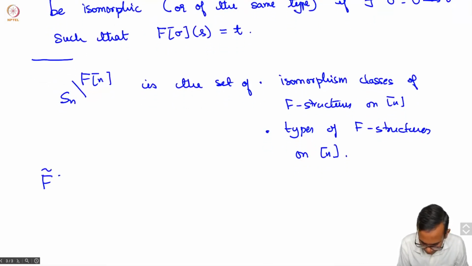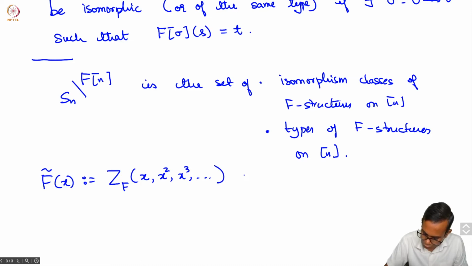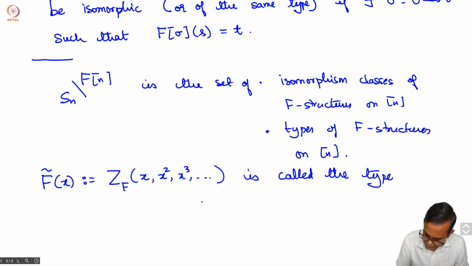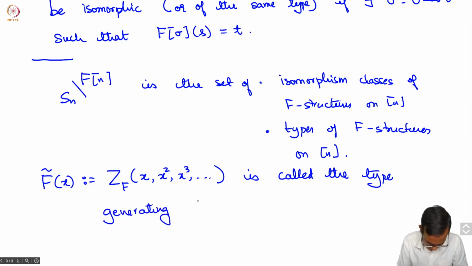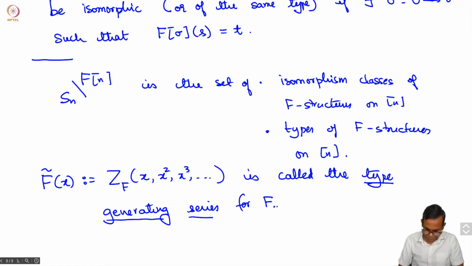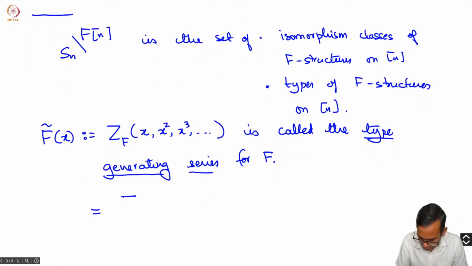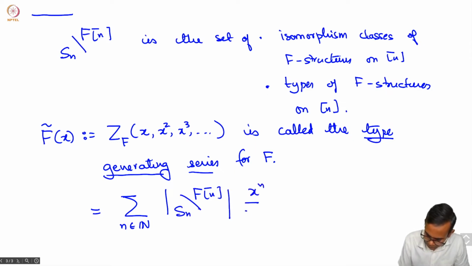So F tilde of x, defined to be Z_F(x, x squared, x cubed, ...), is called the type generating series for F. And of course, what we've seen is that this is the sum over n in non-negative integers of the cardinality of Fn mod Sn, that means the number of types of F structures, times x^n by n factorial.